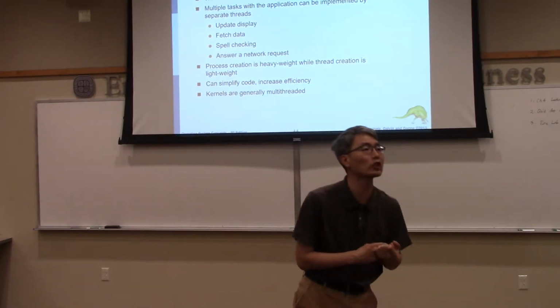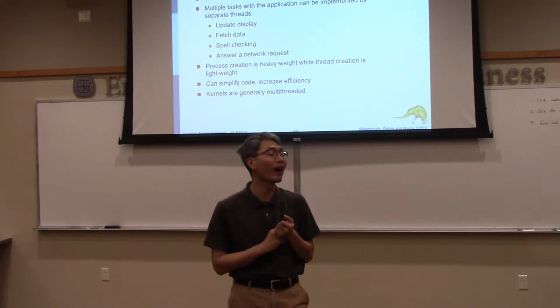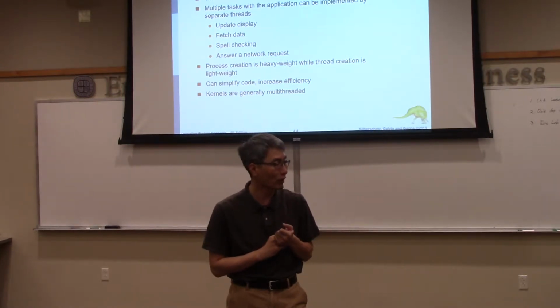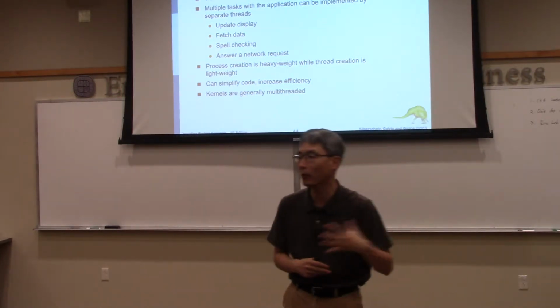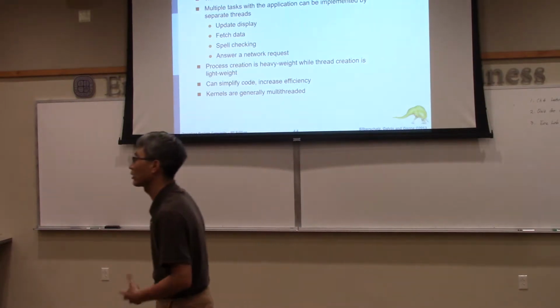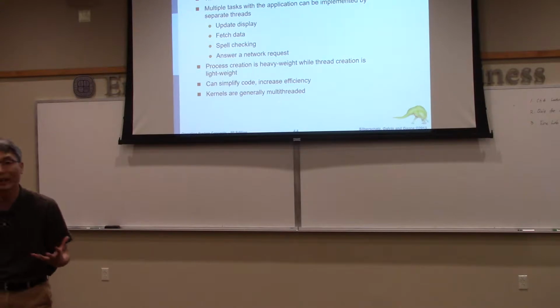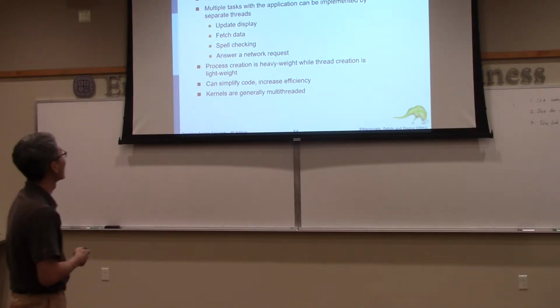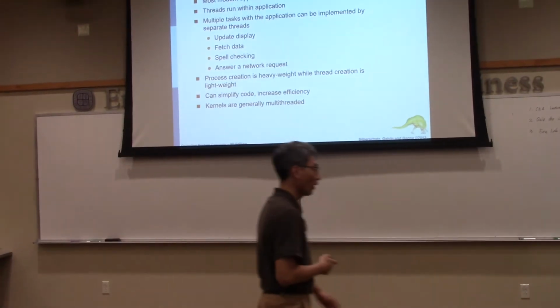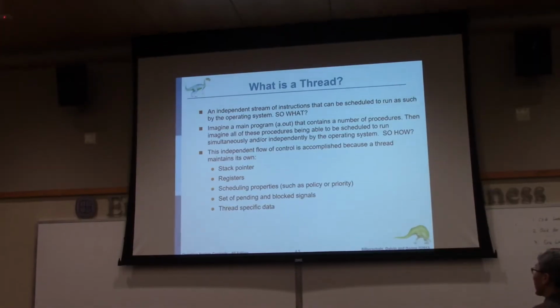So what if we share as much information as possible? If we can share the information instead of using more memory, why don't we share? That is the idea of the thread. So is there any possibility to share such information?